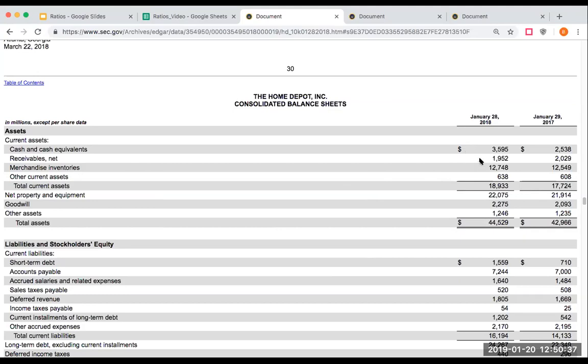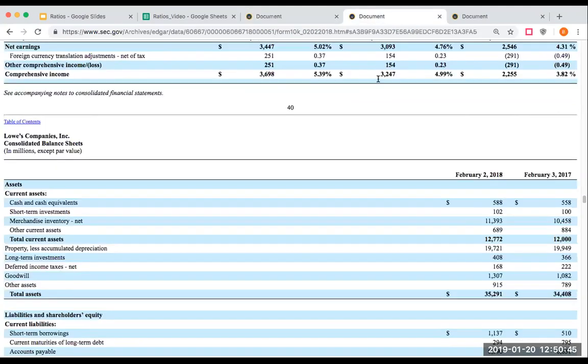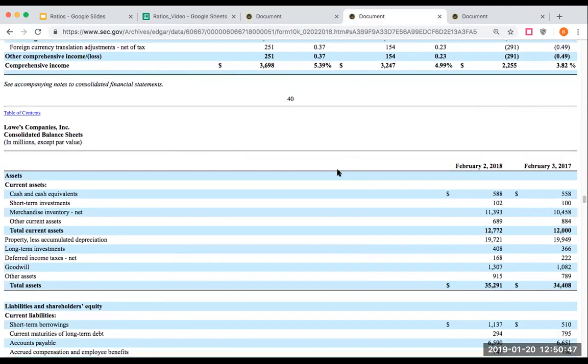It's about $1.9 billion. They have $44.5 billion of total assets. It's less than 5%. And when I go to Lowe's, there are no receivables here. They could be a part of other current assets, but I don't know because it's not broken out separately. It's not significant enough to be broken out onto the financial statements in its own category.